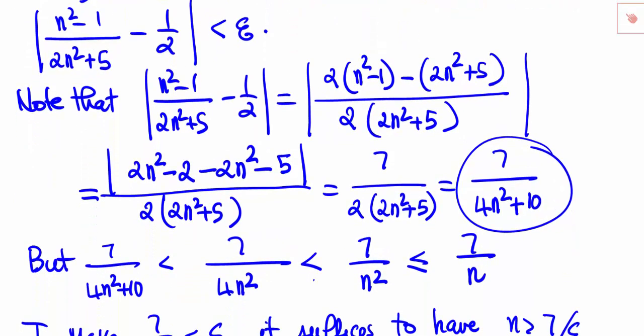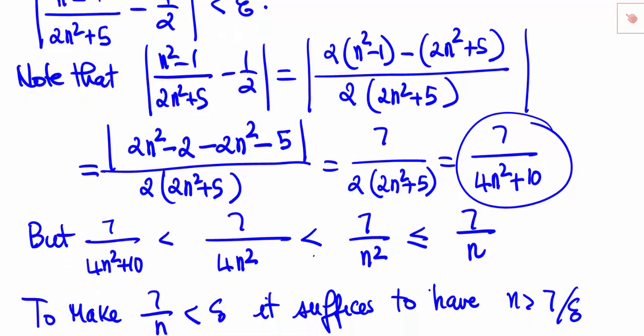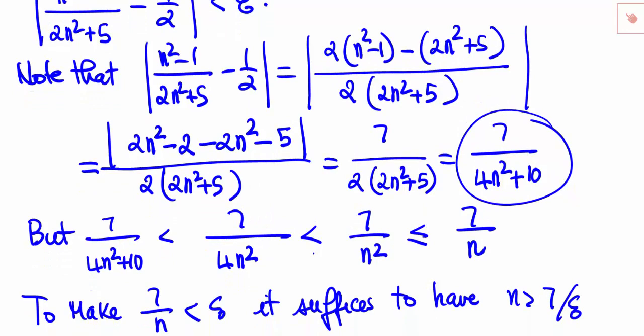Notice that 7 over 4n squared plus 10 is less than 7 over 4n squared, which is less than 7 over n squared, which is no more than 7 over n, right? And now to make 7 over n less than epsilon, it is enough to make sure that n is greater than 7 over epsilon.